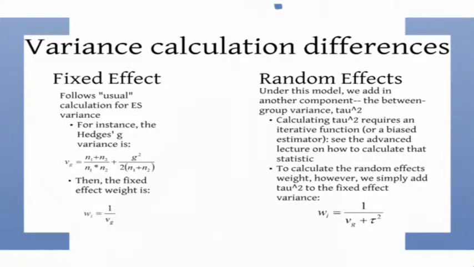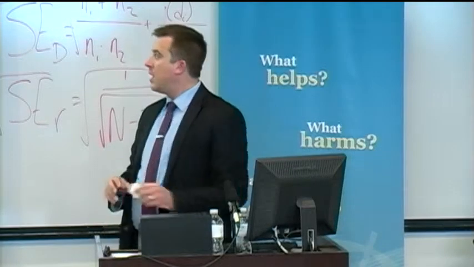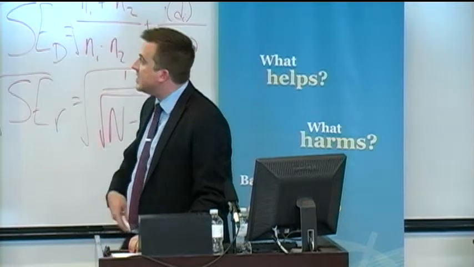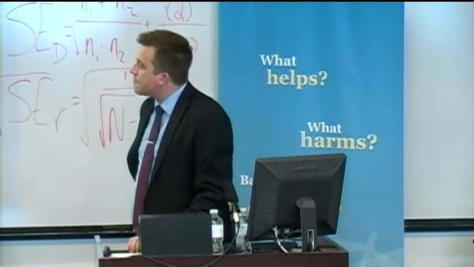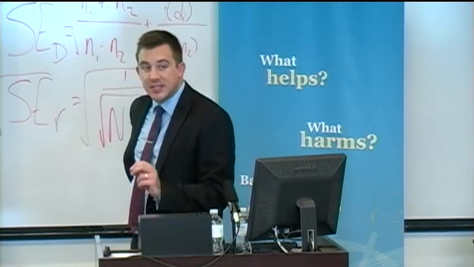But the point is, if you're going to conduct a meta-analysis, you're going to have to make a choice between a fixed effects model and a random effects model. And so these are the differences here. Now, all that being said, the next few slides, I'm going to use a fixed effect model. And it's mainly because it's the easiest.